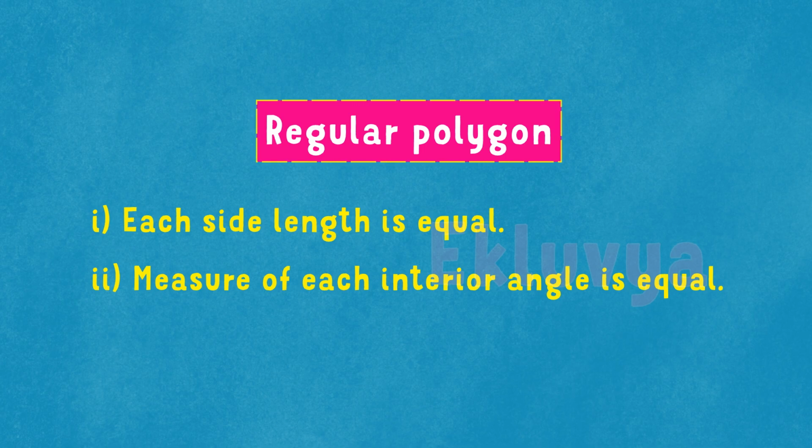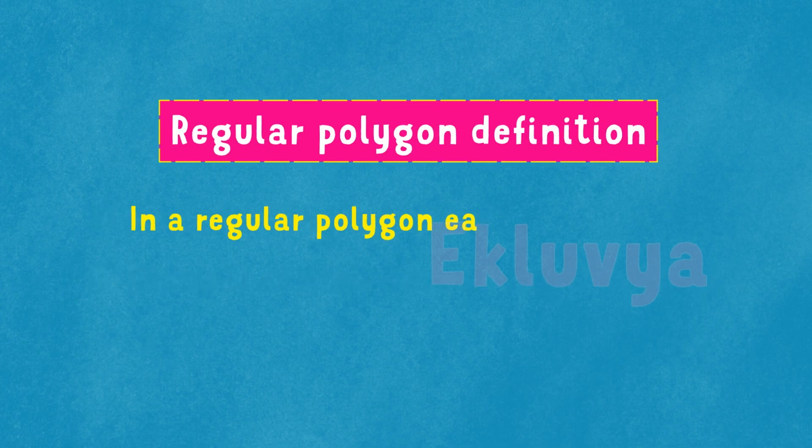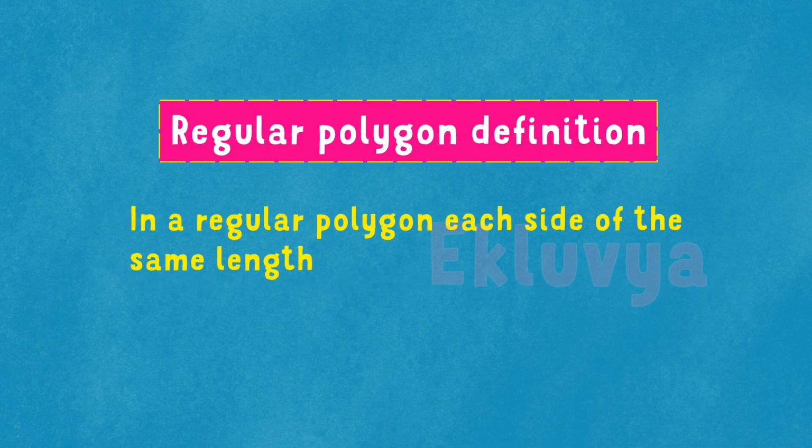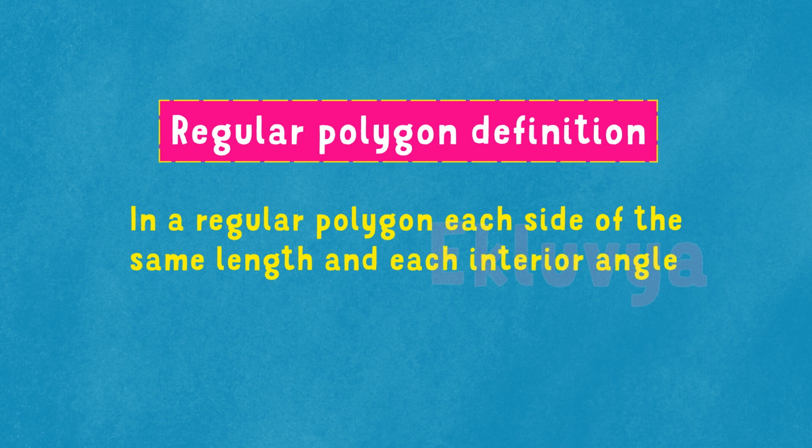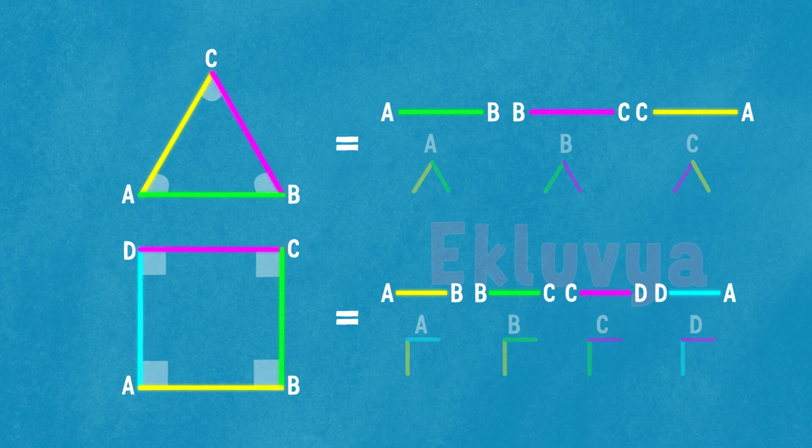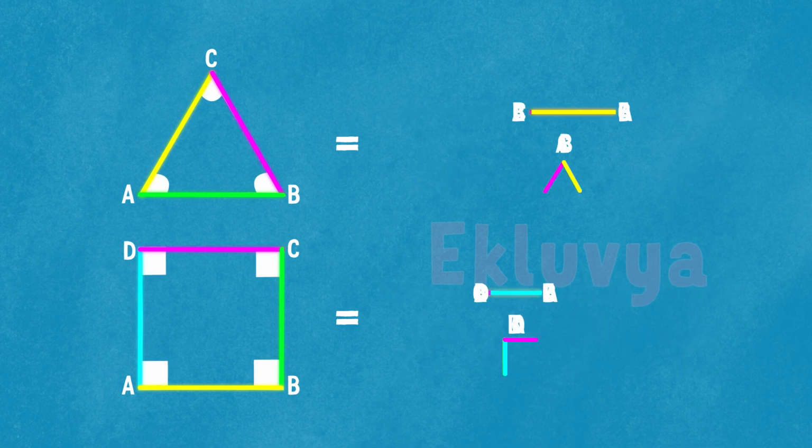So, to summarize, in a regular polygon, each side is of the same length and each interior angle at the vertices is identical. This uniformity in regular polygons is fascinating. It's like having a polygon where every side and angle at the vertex is a carbon copy of the others.